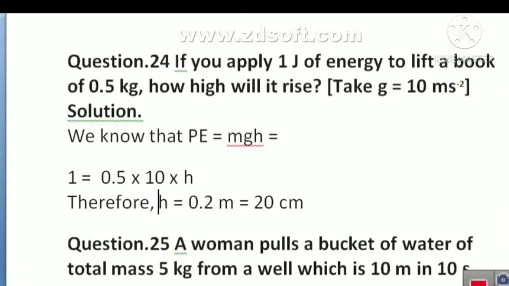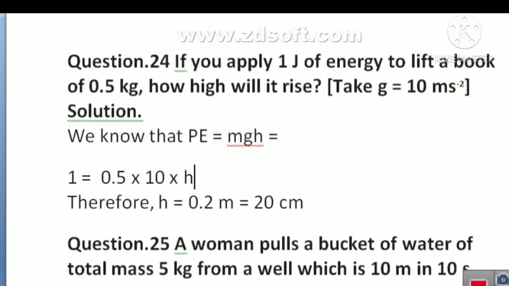So h will be equal to 1 upon 0.5 into 10.